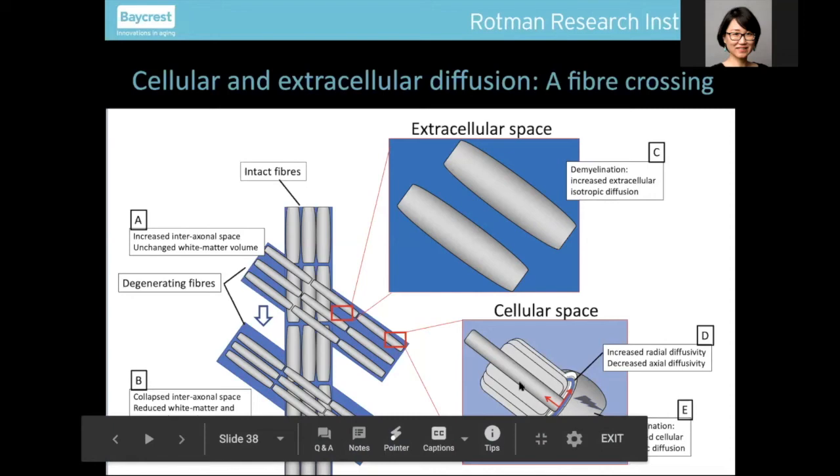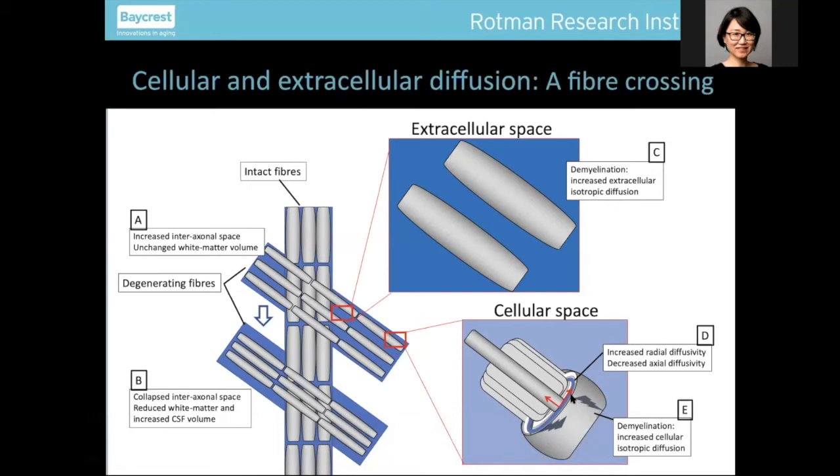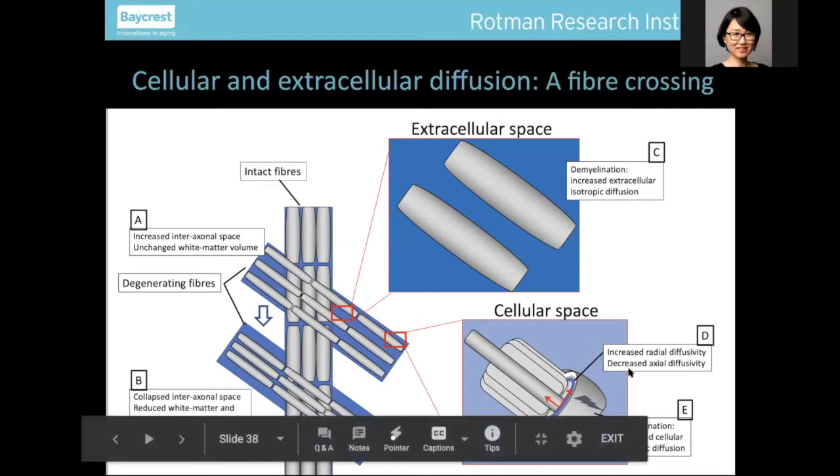Along the direction of the axons, because of age-associated debris accumulation, we may see reduced axial diffusivity. But radially, penetrating the myelin sheaths, because the packing of the myelin is looser, we do expect to see increased radial diffusivity.